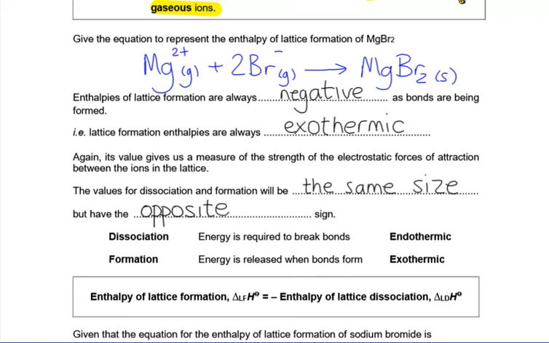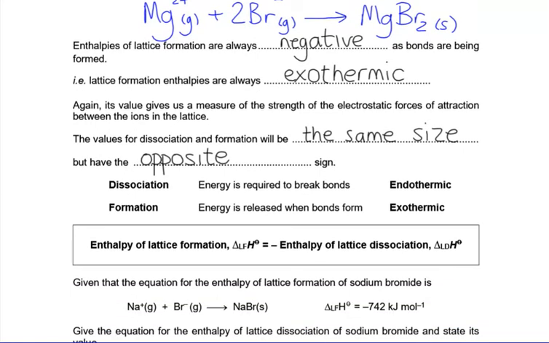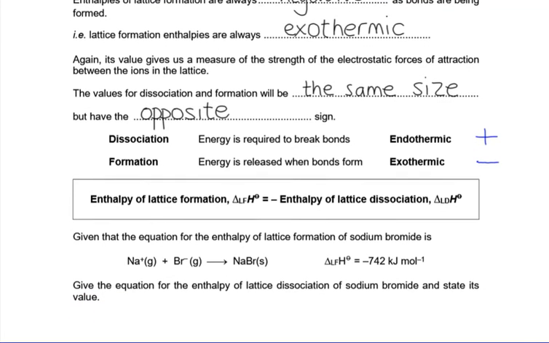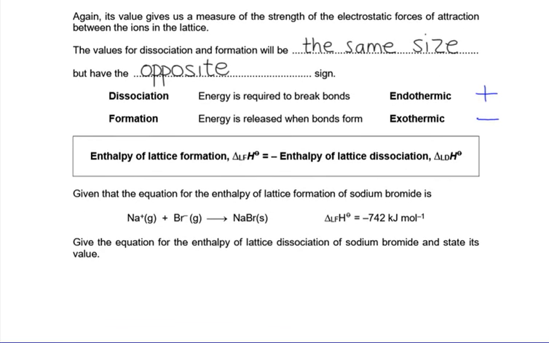So we've got 771 plus for the dissociation of sodium chloride. If we looked at the formation, it would be minus 771. Same value, but opposite signs.